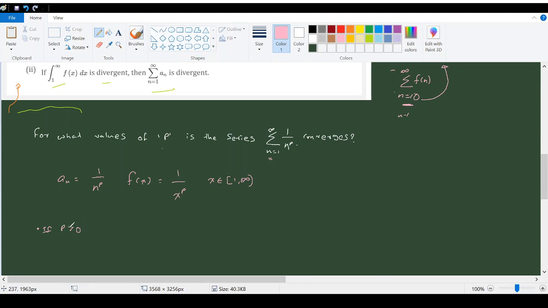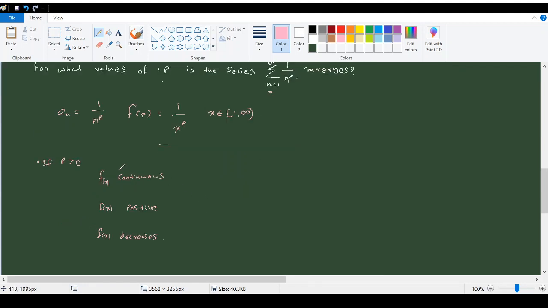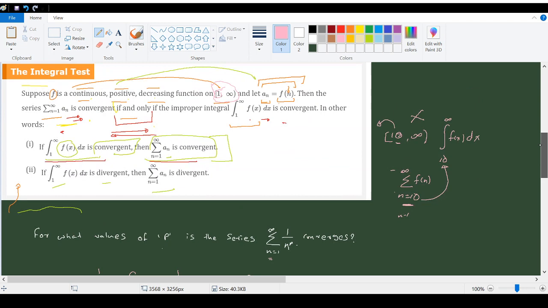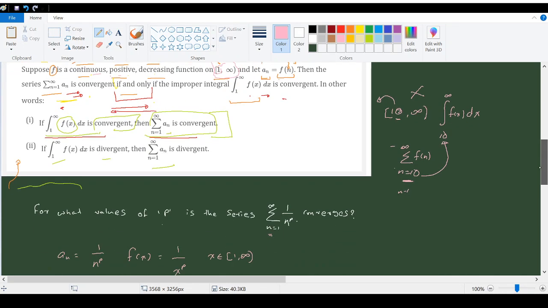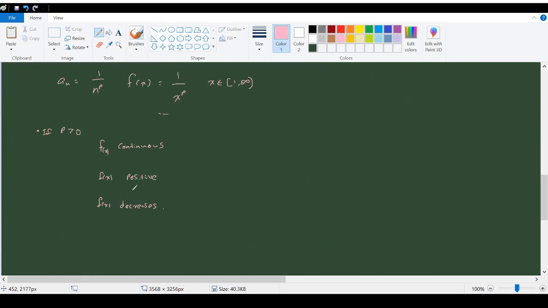Then you can see that the function satisfies the three properties mentioned in the integral test: continuity, positivity, and the decreasing nature. For the decreasing nature, you can use the same calculation that we did before to prove that this function also decreases, right?